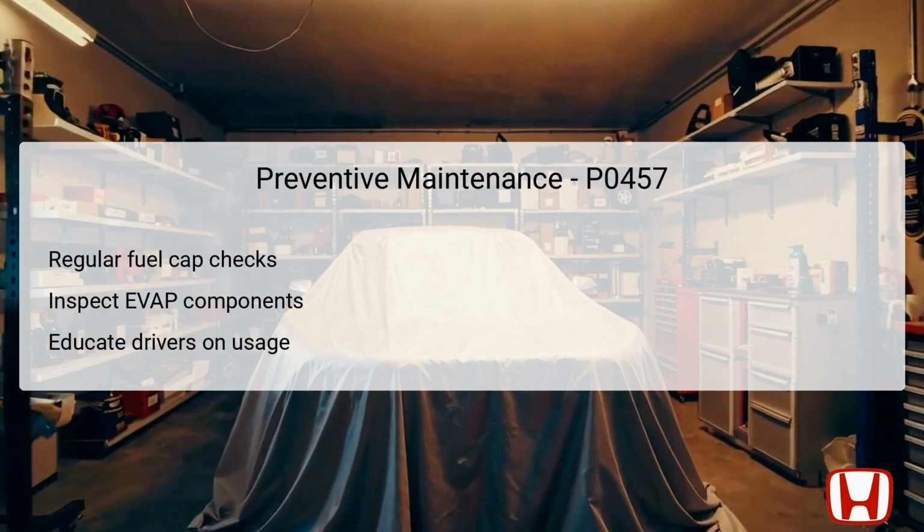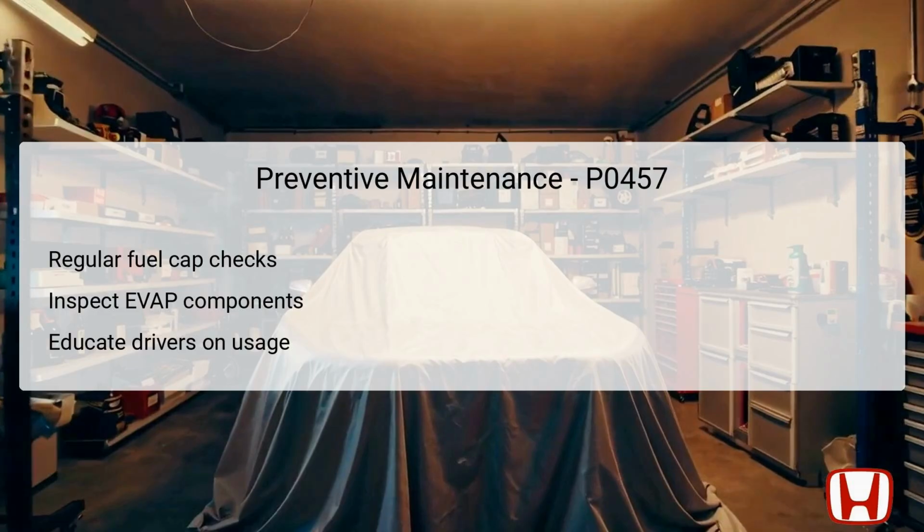Preventive maintenance for the EVAP system is essential to reduce the likelihood of recurring issues such as those indicated by DTC P0457. Regularly checking the fuel cap is a simple yet effective strategy in preventing emissions-related problems. If the cap is loose or missing, it can trigger not only DTC P0457, but also other related trouble codes.